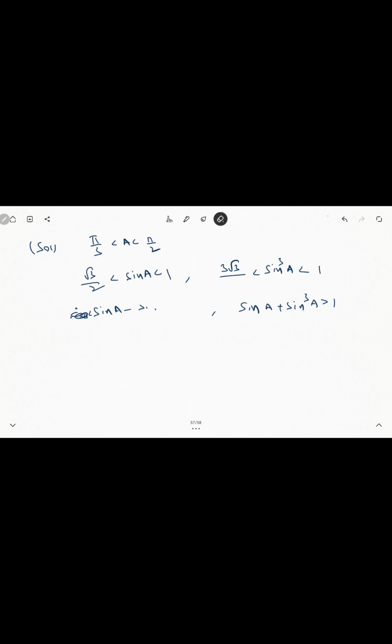If you subtract these two, we are getting the value between 0 and 1. Anyway, if you raise the power of a fraction, the value is less than sin a. X cube is less than x whenever x is a fraction between 0 and 1. But if you add these two, we are getting more than 1.